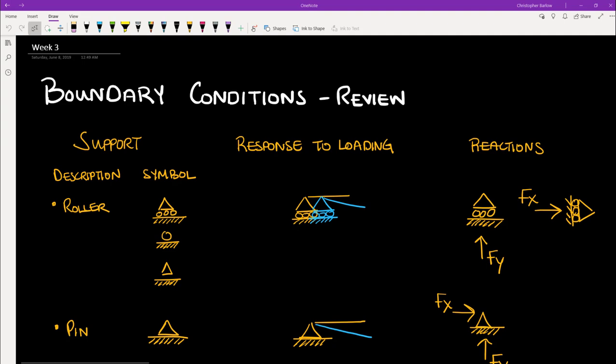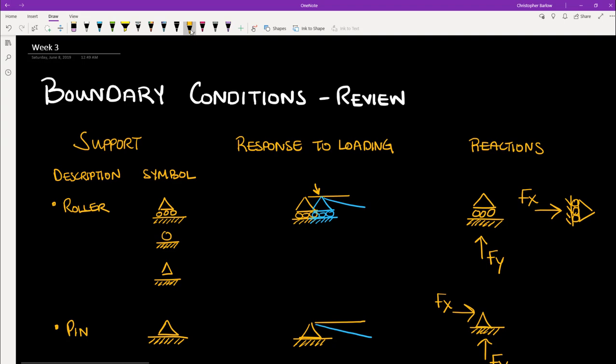So let's start with a roller. A roller provides only one reaction in one direction. It does not provide any restraint against lateral translation or rotation. So if we looked at its response to loading here, it would look like this. There would be no change in the vertical position of the member at the location of the roller.